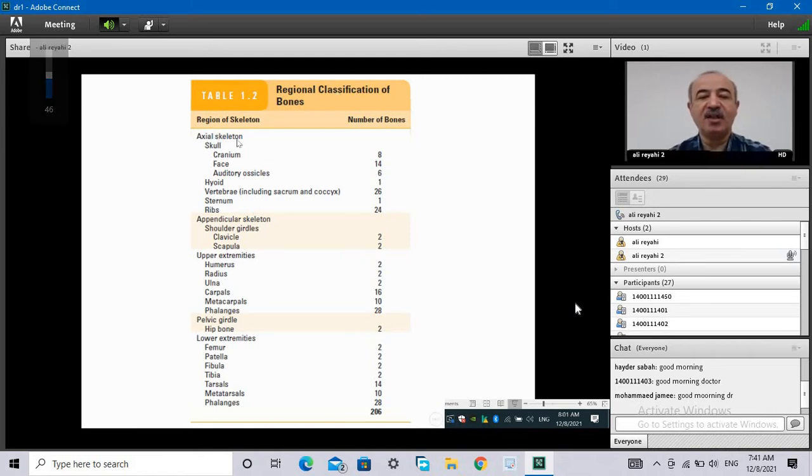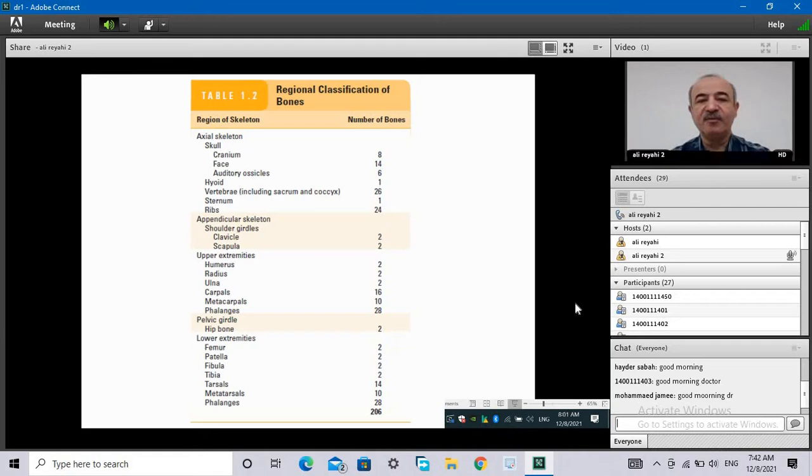For example, the axial skeleton includes the skull, the bones of head and neck, the cranium and face, and the auditory ossicles in the internal ear, and the vertebral column, and the sternum and ribs that form the chest.